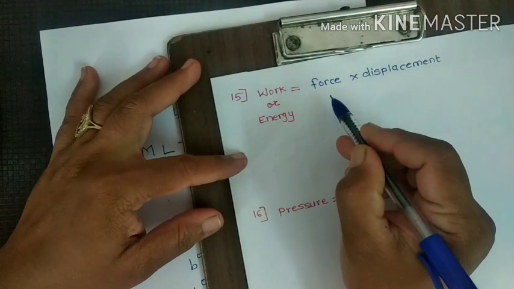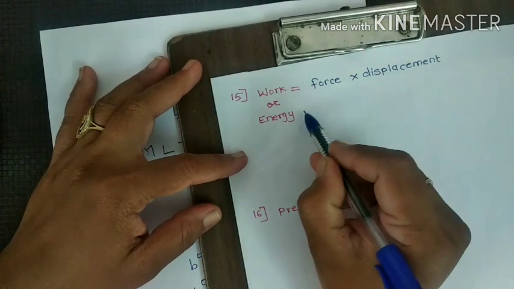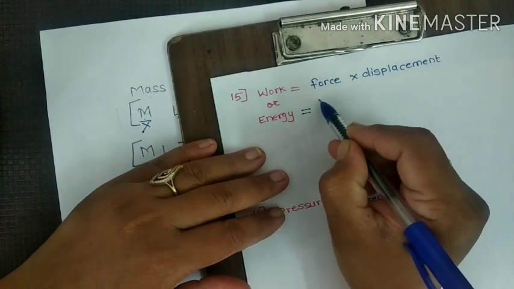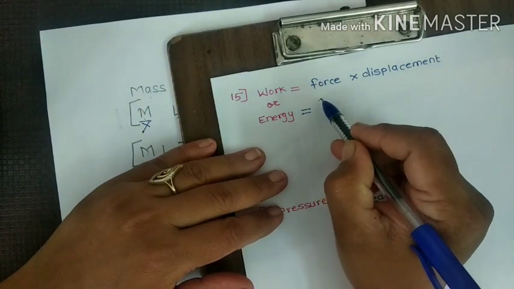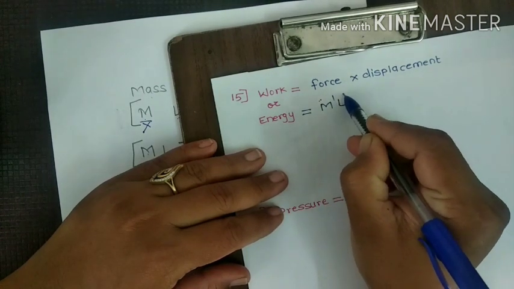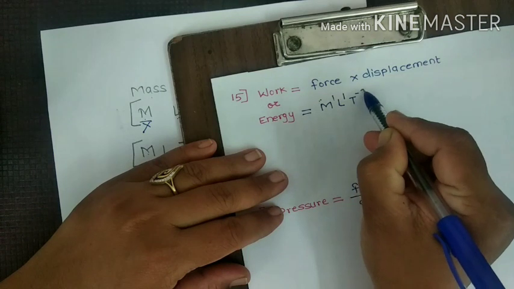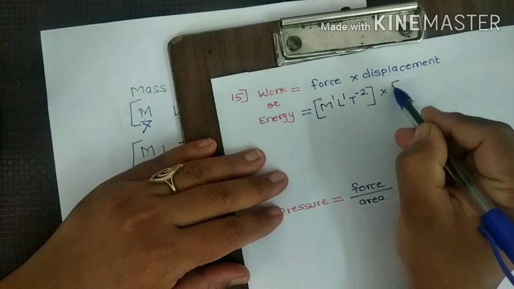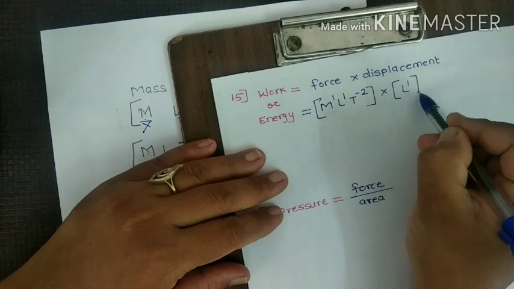What is the formula for work or energy? That is force into displacement. What are the dimensions of force? That is M^1 L^1 T^-2. And for displacement, that is L^1.